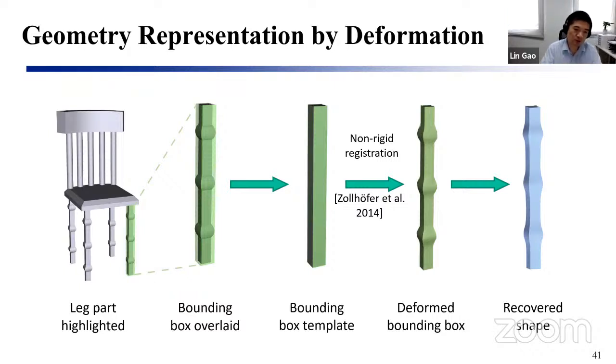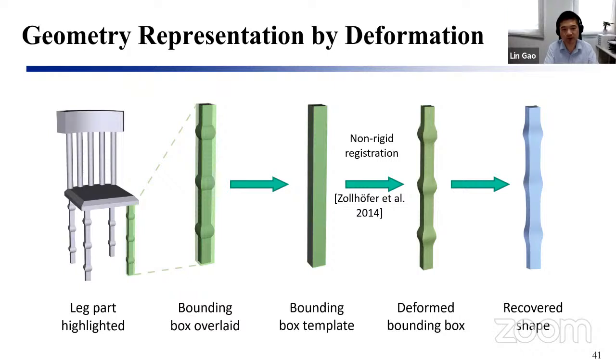And because the cube is the template, we could apply the graph convolution, as we mentioned before, on the cube. So here we could use this variational autoencoder to encode the deformation. And now the deformation is the geometry detail; they are equal.